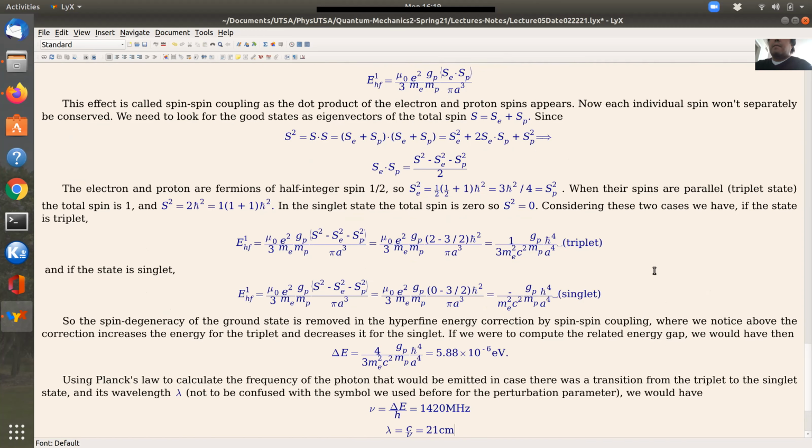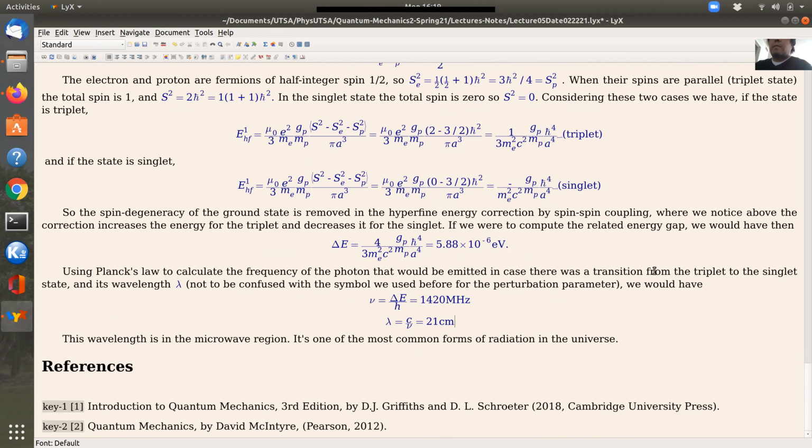In any case, as a way to summarize the material, we have introduced additional effects in the hydrogen atom, where we have a hierarchy of corrections to the Bohr energies. The first one is the fine structure, which is due to the relativistic corrections to the kinetic energy and the spin-orbit coupling. Then, higher order corrections beyond the fine energies, the hyperfine, which is related to spin-spin interactions.